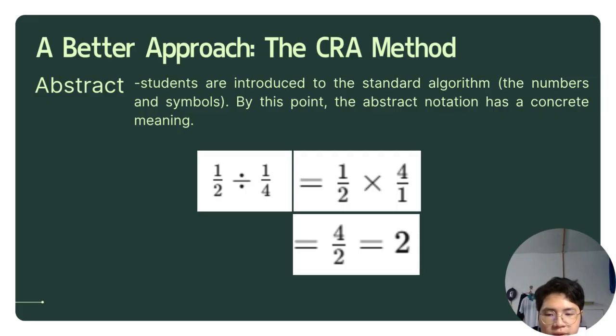Watch. 1/2 divided by 1/4 equals 1/2 times 4/1, which equals 4/2. Then the final answer is 2. See how the answer matches what we discovered with the bars and the drawings. The algorithm is just a quick way of doing what we already know.